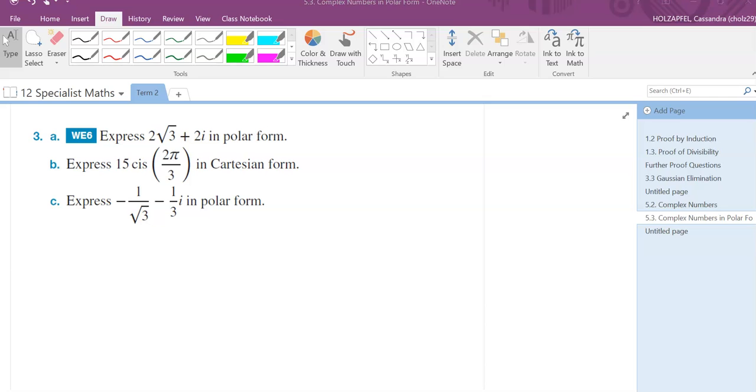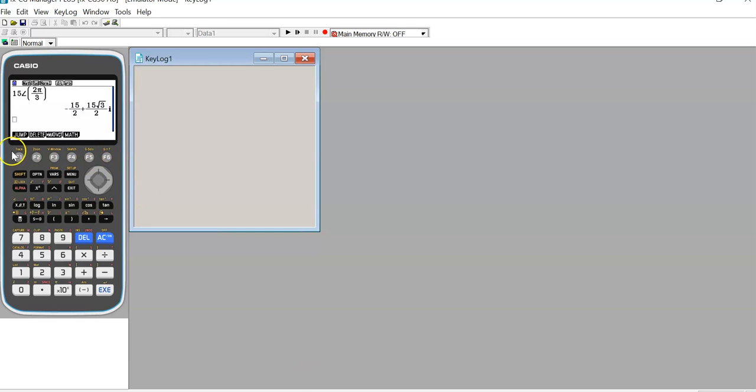So the first thing I'm going to do is change that mode over. If we go Shift, Setup, this time I want to change it to polar form. So I'm going to click F3 and then execute. Now let's type in that particular value.